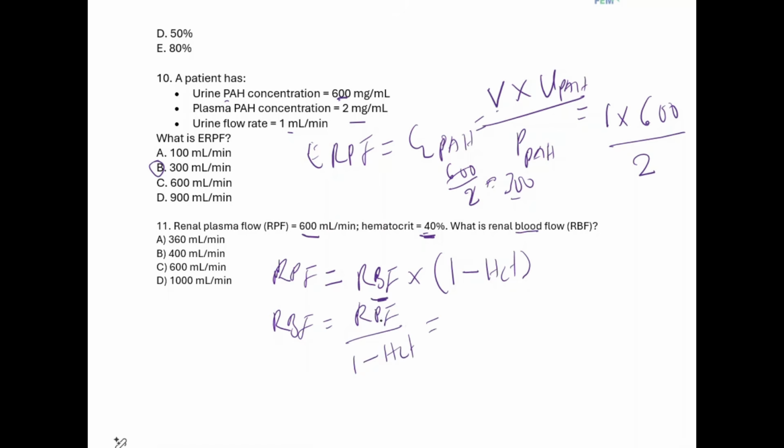The renal plasma flow they already give us, which is 600, and our hematocrit is 40%, so we convert this to a decimal, 0.4. It is going to be 600 divided by 0.6. Once you divide that, that gives us 1000. So the best answer there will be 1000 milliliter per minute.